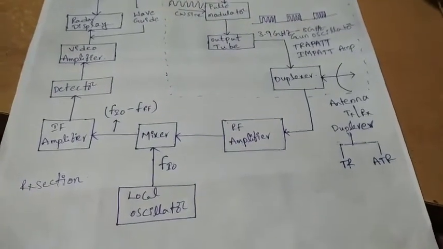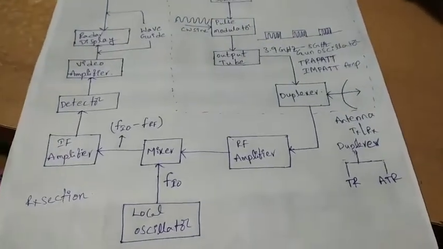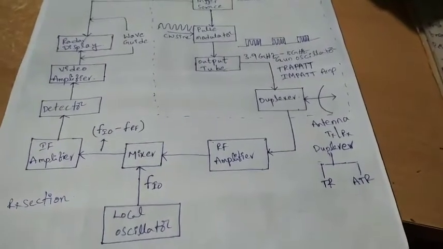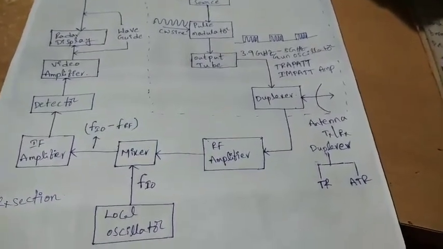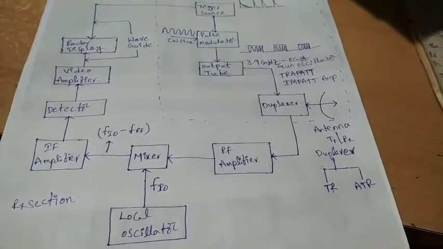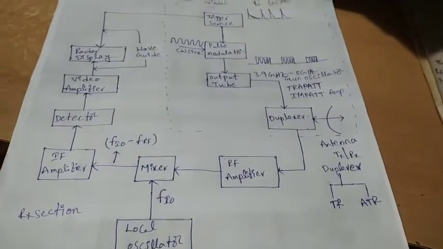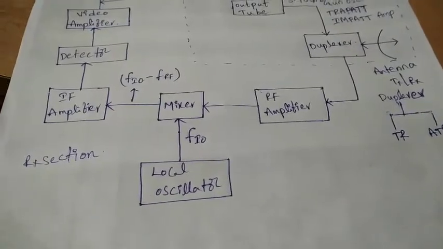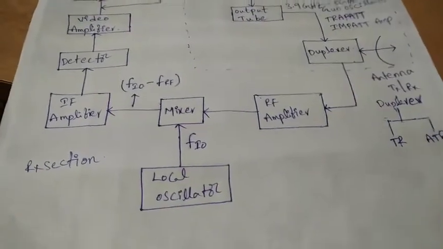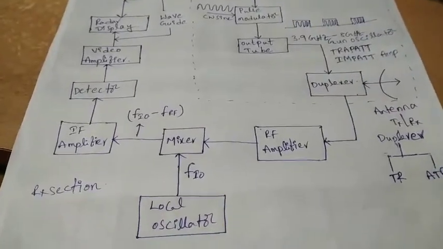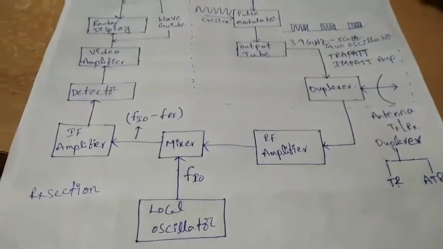The first block of the receiver is the RF amplifier. The RF amplifier receives the proper signals, which are interrupted due to noise and other interfering signals. The received signals are in the form of echo signals or reflected signals. The RF amplifier handles low frequency signals and high frequency signals.